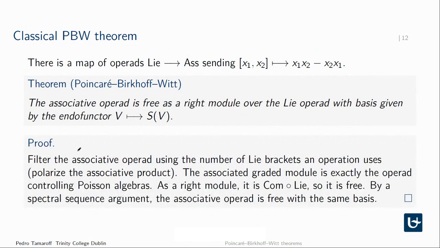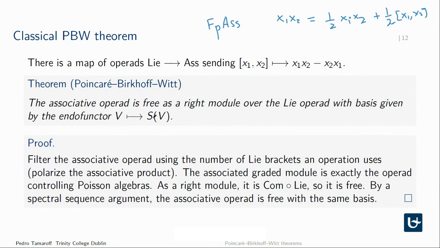So what I will do, and I think the other proofs are a bit more organized instead of just a block of text, but I will take the associative operad, and I will filter it. Whenever I take an associative product, I can break it up into a symmetric version of it, which is not associative, and a bracket. And so when I iterate this operation many times, there's some number of times that I use the bracket, and I will count it, and that gives me a filtration on this operad.